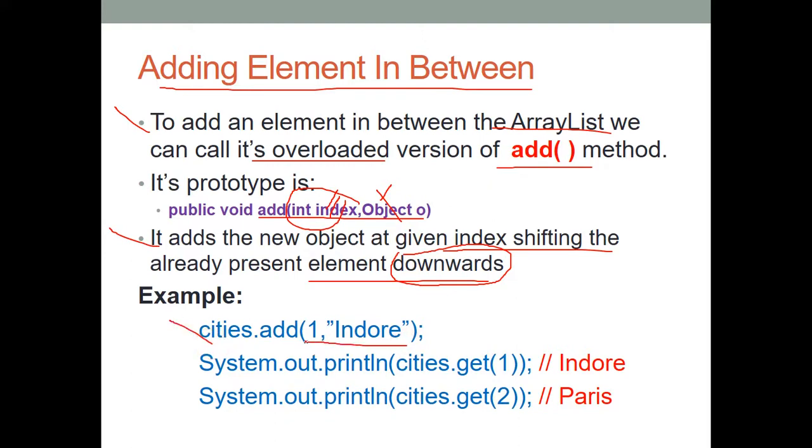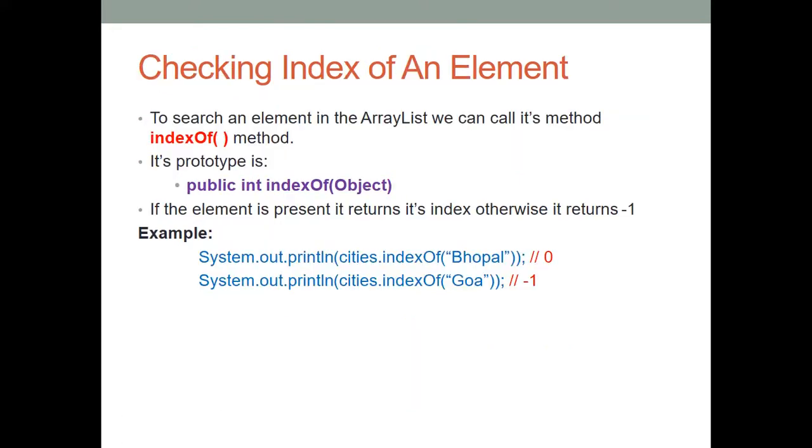One index already has some other element, but you want to add one more Indore at place 1. So you just print it, and print 2, so Paris. I hope this is clear.